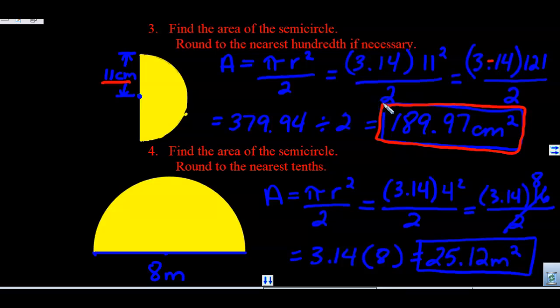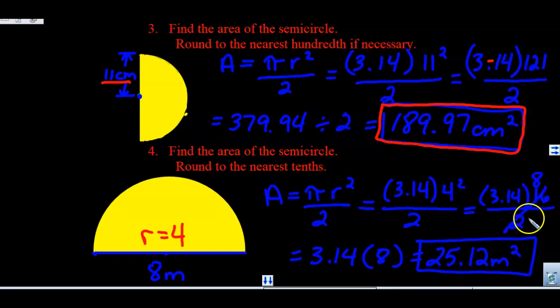For the second one, number 4, sorry, I called the top one number 1, but for number 4, it gave us our diameter. So our first step was to make sure that we knew the radius, not the diameter. If the diameter was equal to 8, we knew that the radius had to have been 4. So substituting 4 into the formula for radius and 4 squared, we got 16.